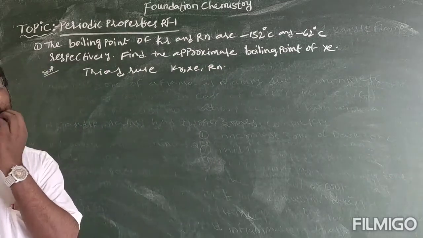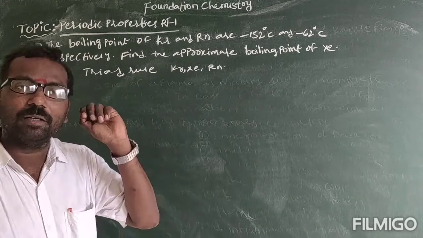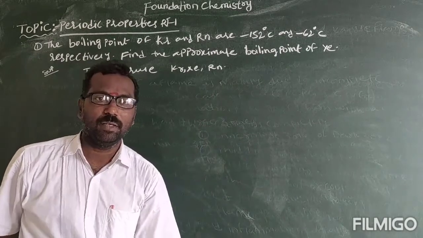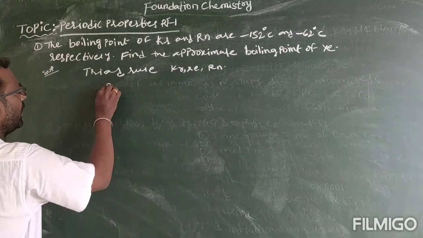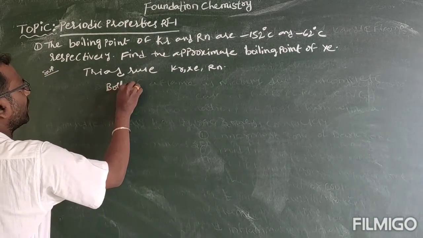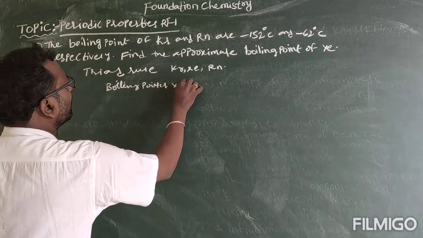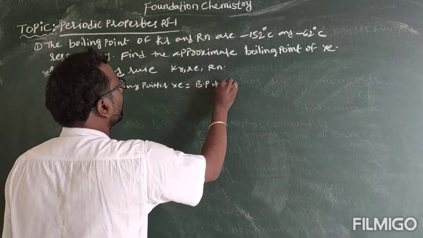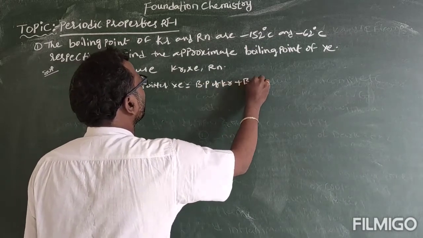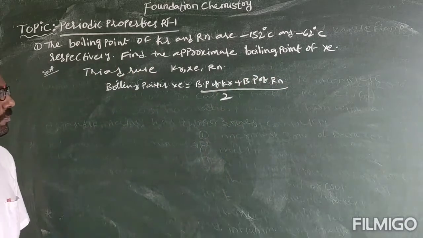The average of the first and third represents the second one. So the boiling point of xenon is equal to the boiling point of krypton plus the boiling point of radon, divided by 2.